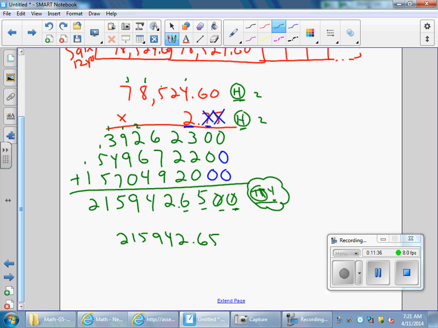That's the same thing as putting a phantom zero or not putting it at all. Dollar sign, comma every third place: ones, tens, hundreds, comma, 1,000s, 10,000s, 100,000s. $215,942.65. Final answer.